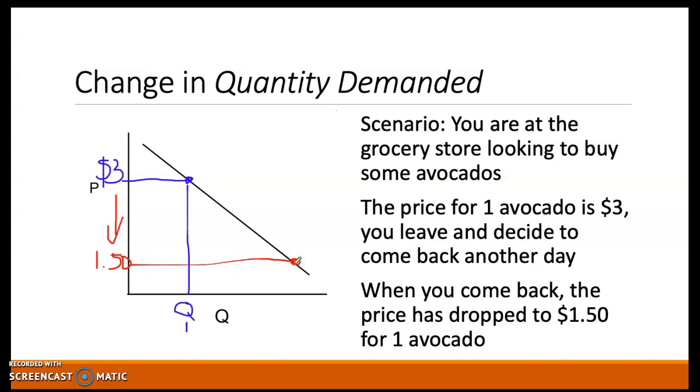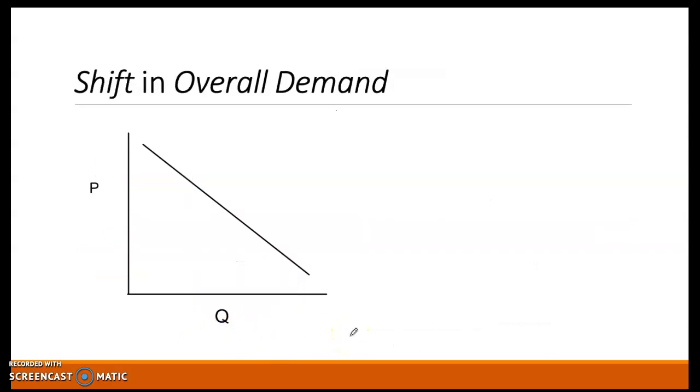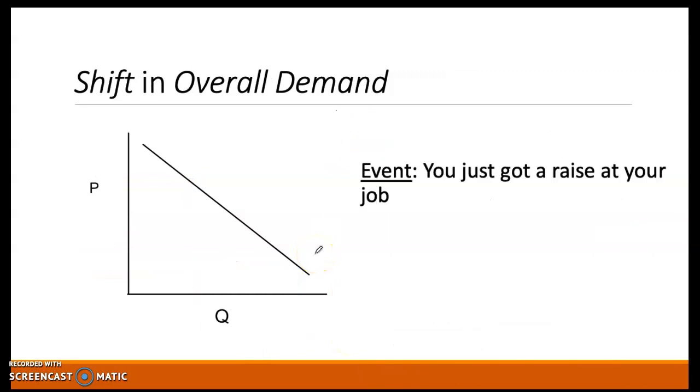Signify that with a little dot on the demand curve, and then at this price now, you are willing to buy more avocados as the price went from $3 to $1.50. Again, this is showing us the law of demand. As the price of the product goes down from $3 to $1.50, we saw the quantity demanded increase from Q1 to Q2.